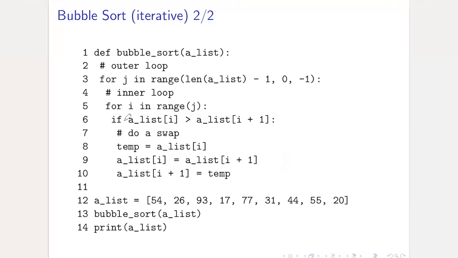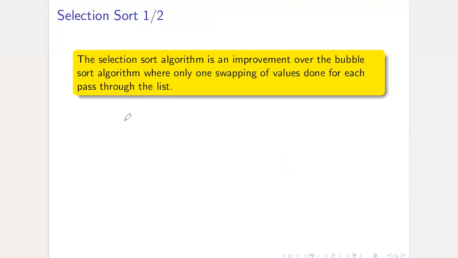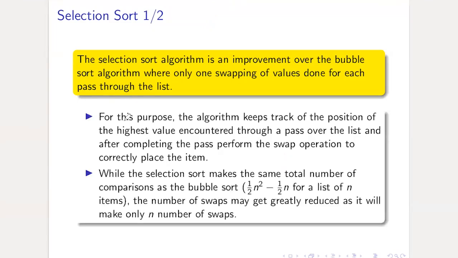What happens in selection sort is we don't do this swapping, but we keep track of where the biggest item is located.